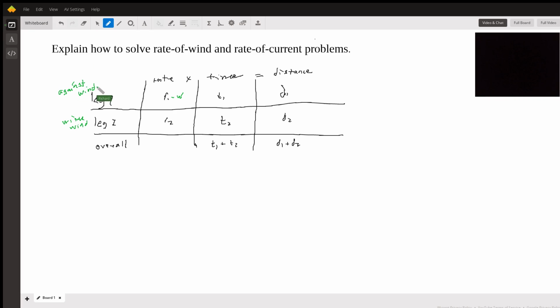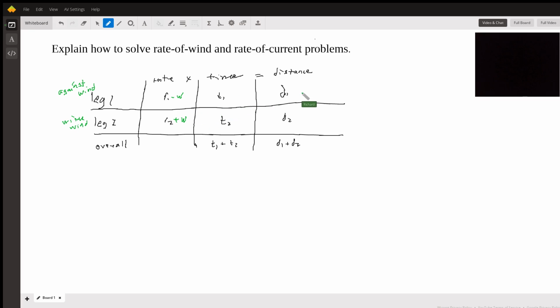For current, we might call it against the current. So I guess against is the best word here. If we're going against the wind, the rate is reduced by the rate of the wind. And if we're going with the wind or with the current, the rate is increased by the strength of the current or the strength of the wind.